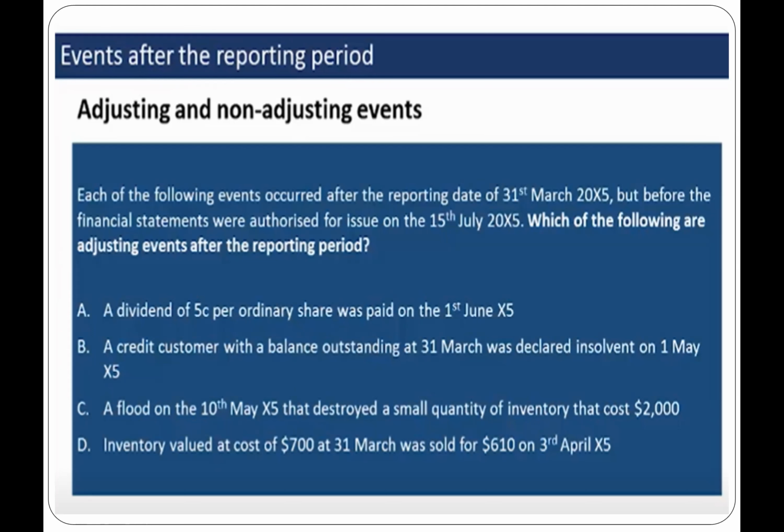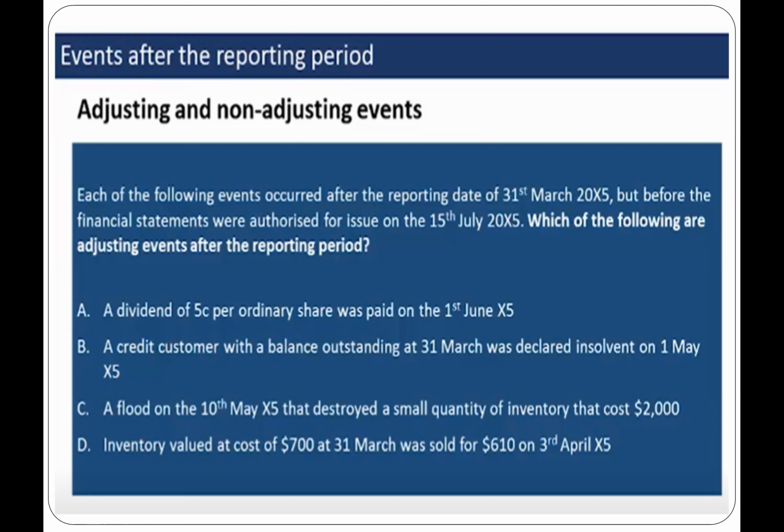So A is not part of the answers. A credit customer with a balance outstanding at 31 March was declared insolvent on 1 May. So we said a person cannot become insolvent overnight, which means these problems existed in this customer's company for some time before it was made public.